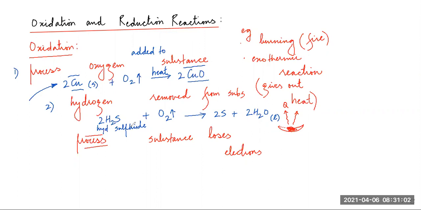Try to always mention the states with everything. So see here, hydrogen sulfide was the reactant, having hydrogen and sulfur. When it reacts with oxygen, it becomes just sulfur.